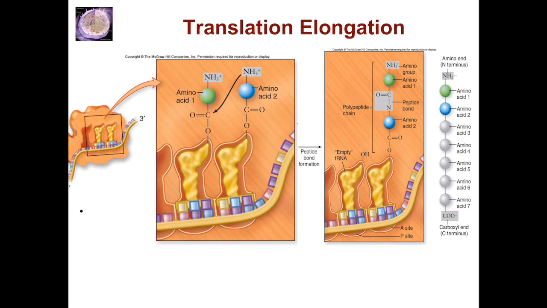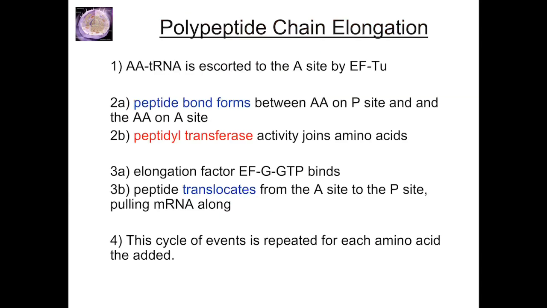What's going to happen next is the first amino acid gets transferred on top of the second amino acid, and then you'll be left with an empty tRNA and a tRNA carrying the peptide. And of course, the 2 amino acids are joined together by the peptide bond. And so what's going to happen is everything will then have to move over.